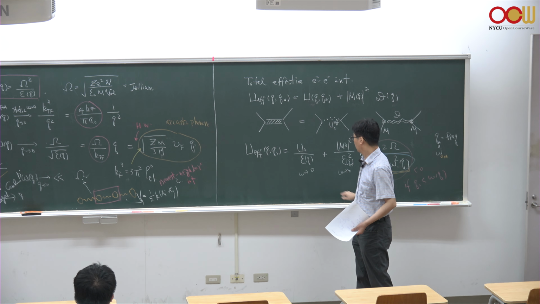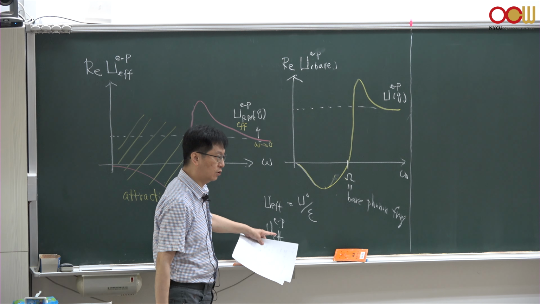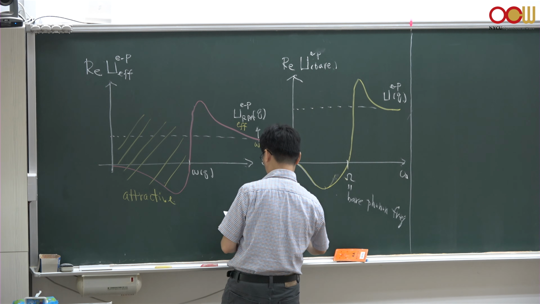U effective in the Coulomb part is actually U0 divided by epsilon, right? So this U effective interaction between electrons mediated by phonon is what? It is proportional to m0 squared divided by epsilon squared. As a result, without the screening effect, this saturation value, this RPA limit for this U effective, is much larger than the renormalized one.